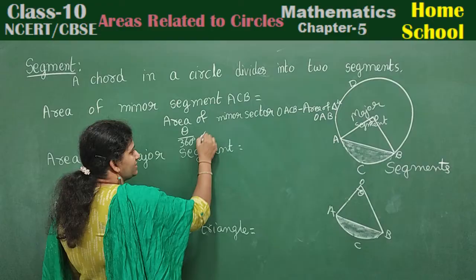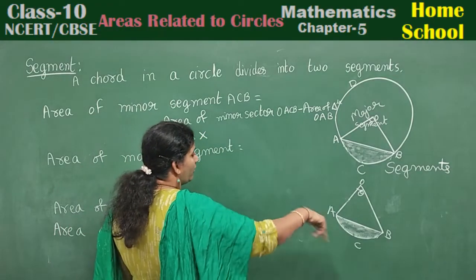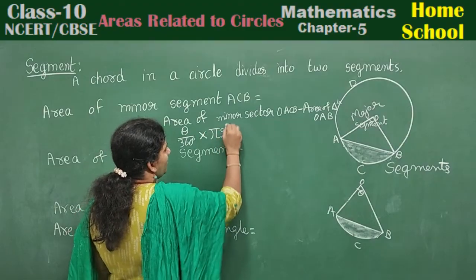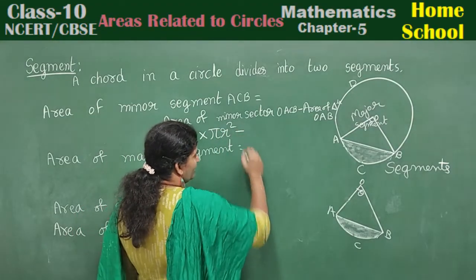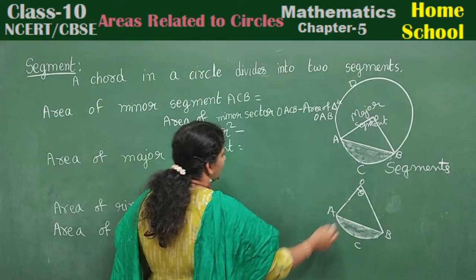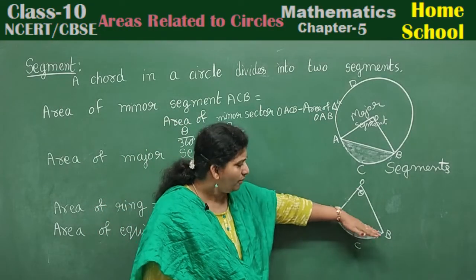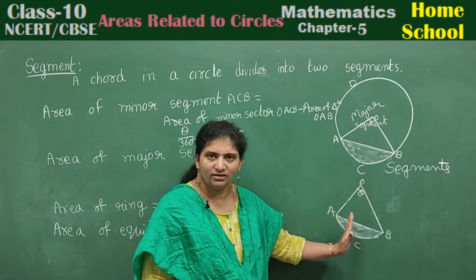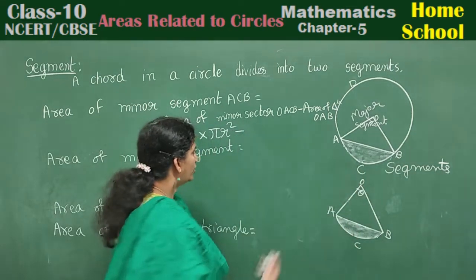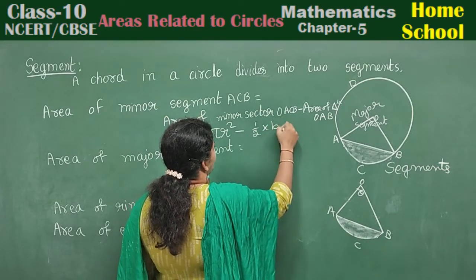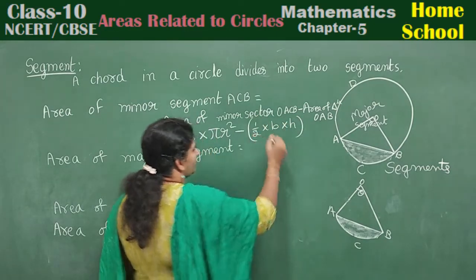Theta by 360 into, I am talking about the minor sector area, pi r square, minus the area of this triangle. Area of a triangle formula is half into base into height. Right? Do you remember this, children? You can write half into base into height.